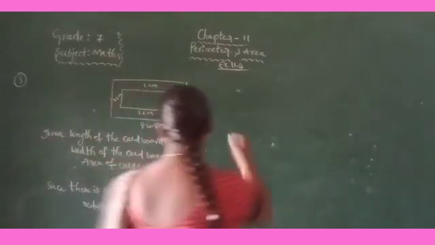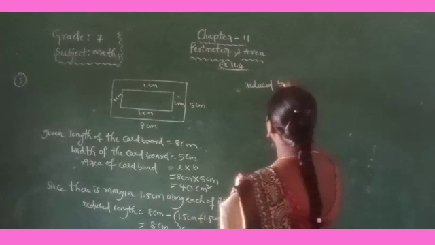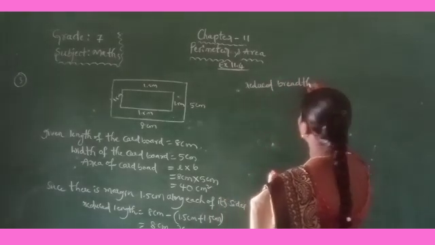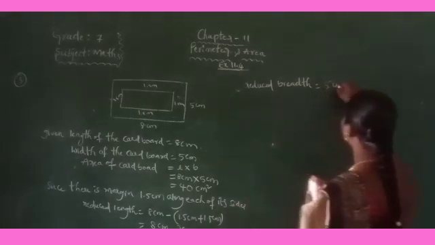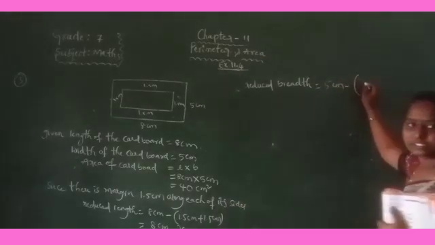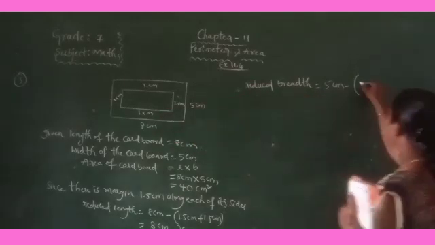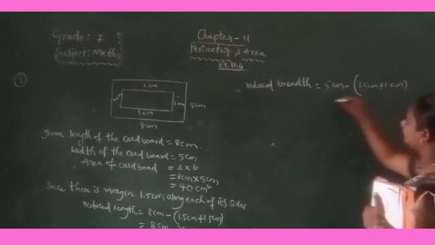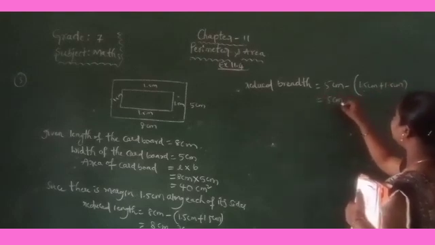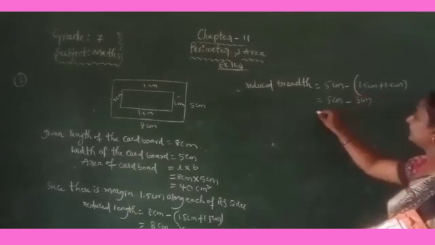After that, we have to similarly find the reduced breadth. The total width is 5 centimeters. We have to reduce the margin of 1.5 centimeters and 1.5 centimeters. Then 5 centimeters minus 1.5 plus 1.5, that is 3 centimeters.